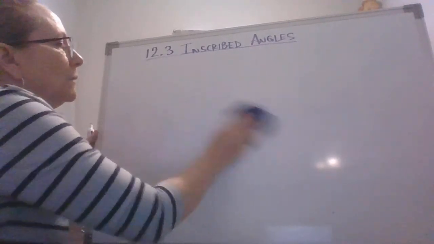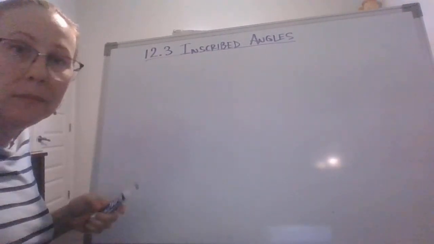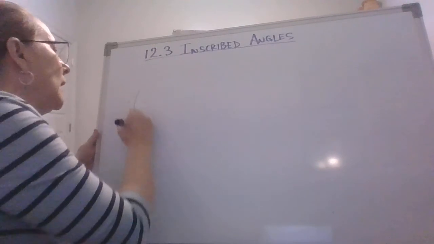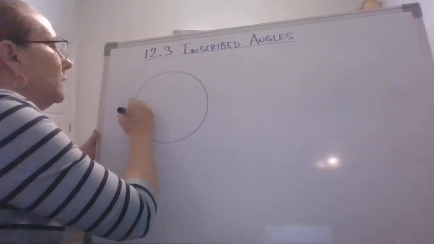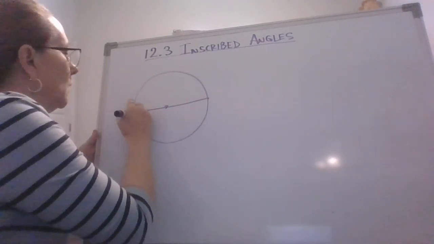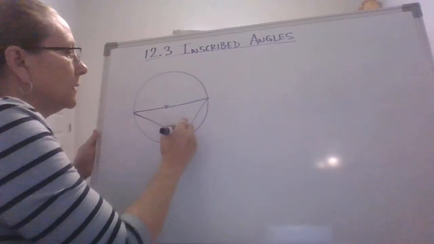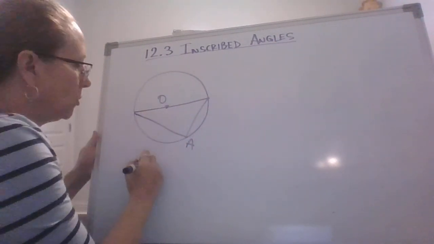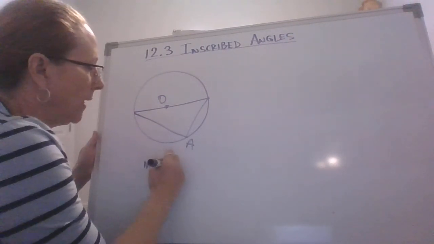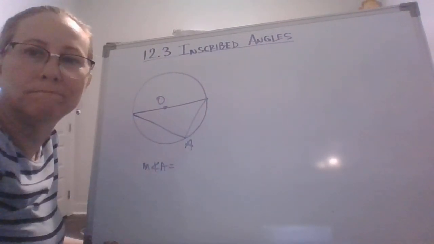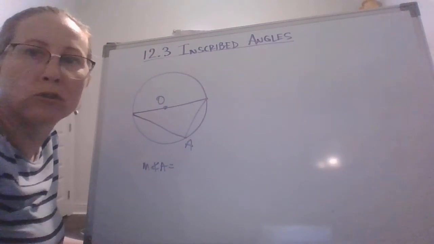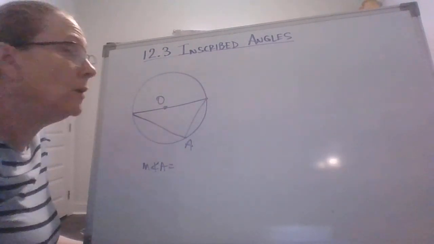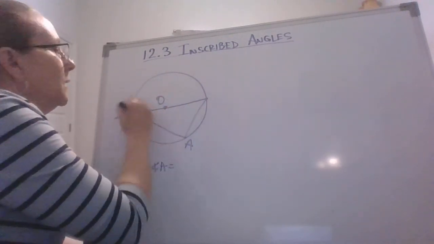Now, we've seen this concept already, but what if you get a picture and no degree measures given? And it looks like this. In circle O, what is the measure of angle A? No degree measure given. Well, what stands out? This diameter.